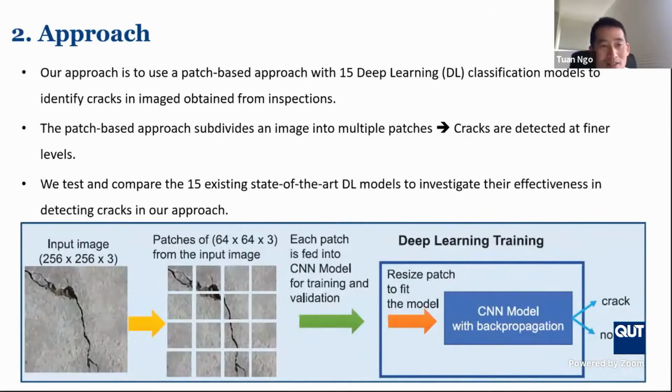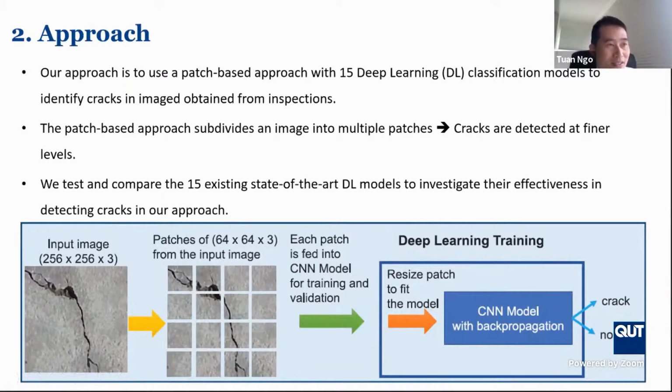Let's look in a bit more detail at those different approaches. We use the patch-based approach with 15 different deep learning classification models. The method is quite straightforward. With an input image, we divide the image into a matrix of 4 by 4, so there are 16 patches.